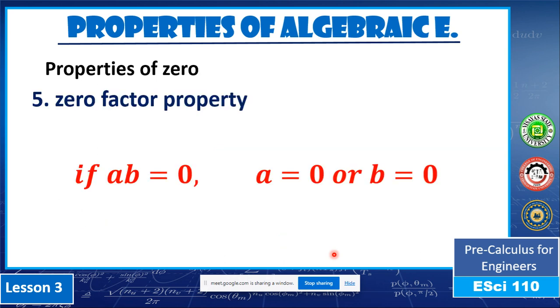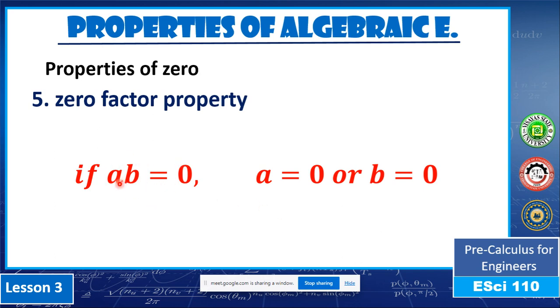And then, we also have the last one, the zero factor property. So this is applicable if you are going to find the roots of a quadratic equation. Diba? In a quadratic equation, you have an expression, for example, x plus 2 times x plus 4. So one of the terms must be 0 para ma-conform niya yung condition.